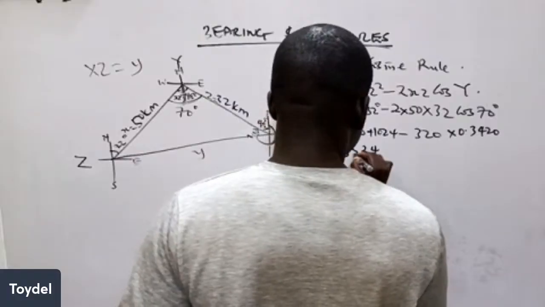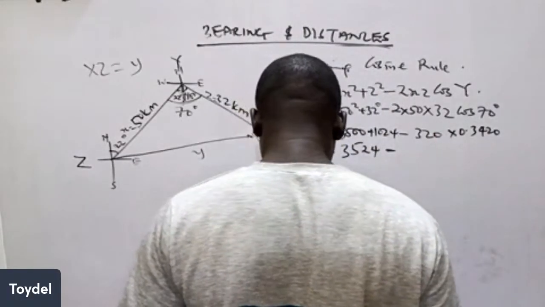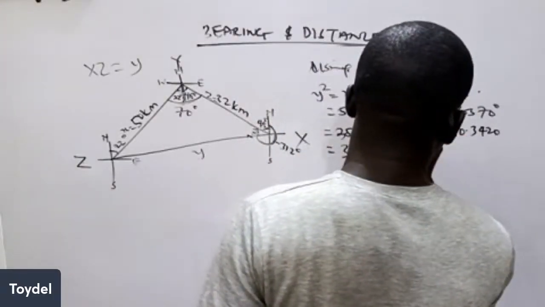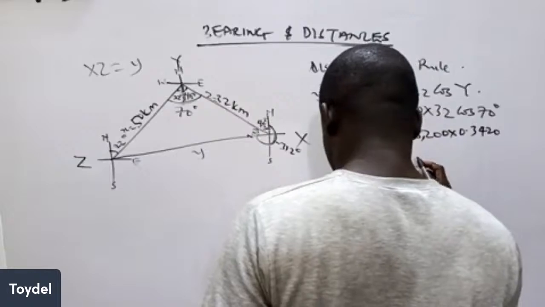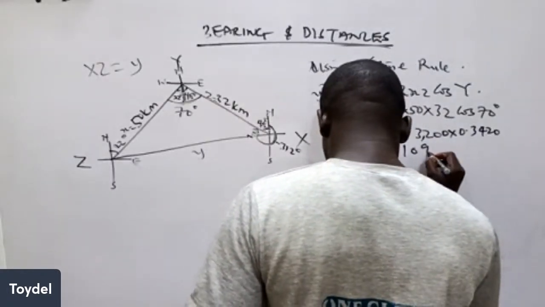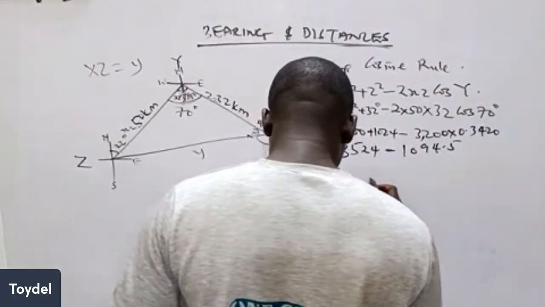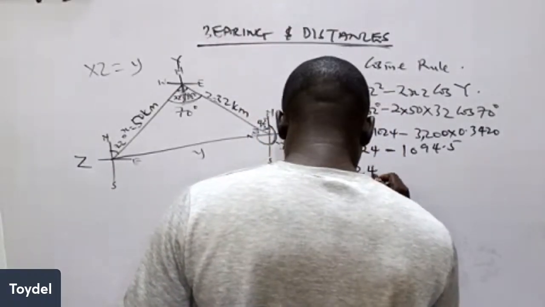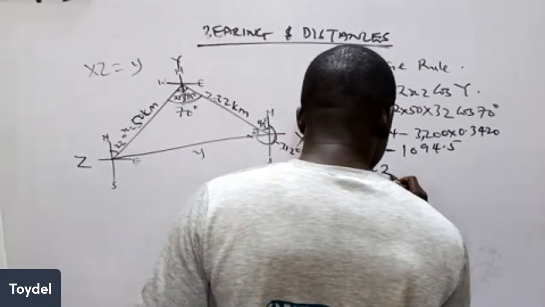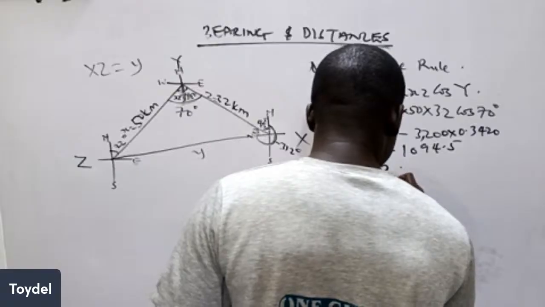I will have 3524 minus, if I use 3200 to multiply 0.3420, I'm going to have 1094.5. So if I do the subtraction, I'm going to have 2430.